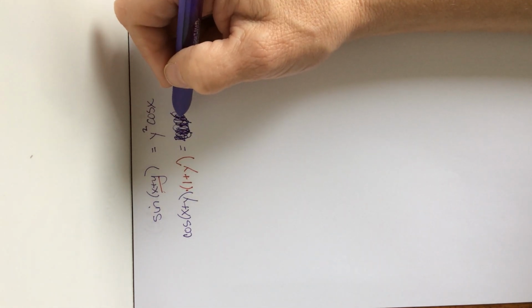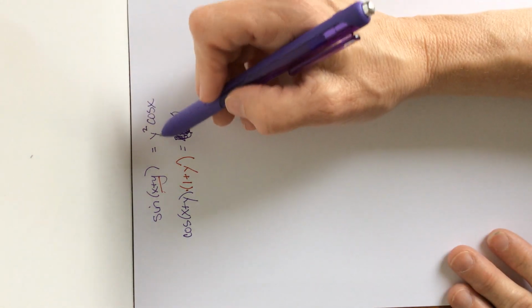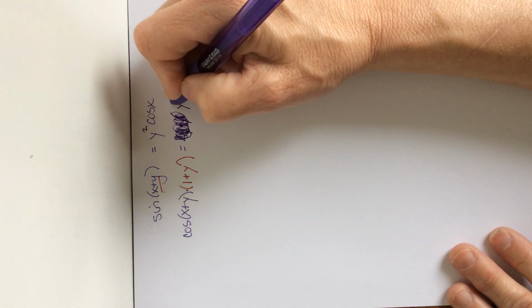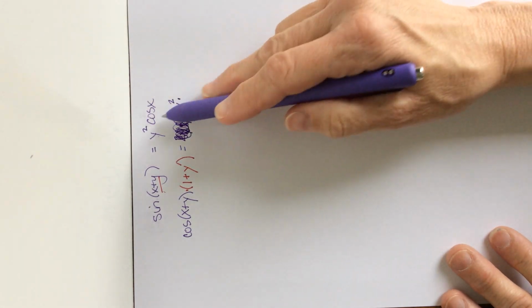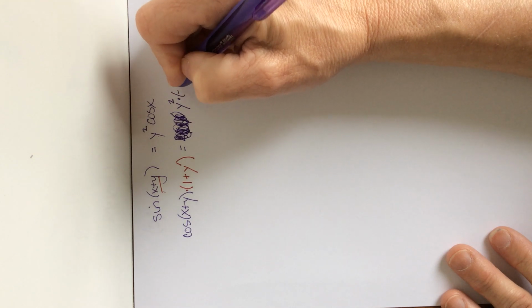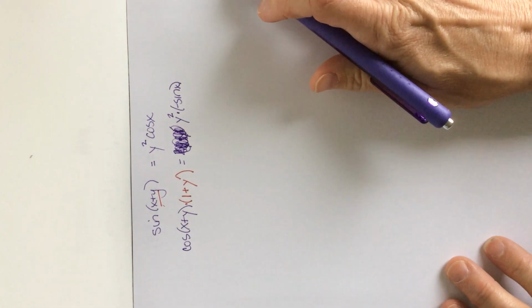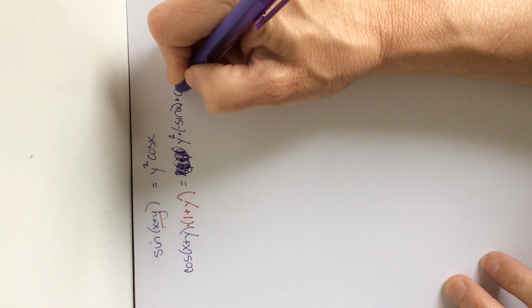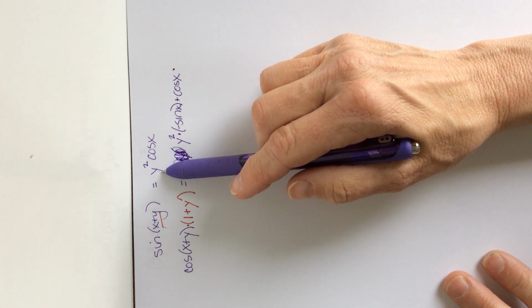I believe I said we needed to use the product rule. So the product rule would be first, which is y squared, times the derivative of the second, which is negative sine of x, plus the second, cosine of x, times the derivative of the first.